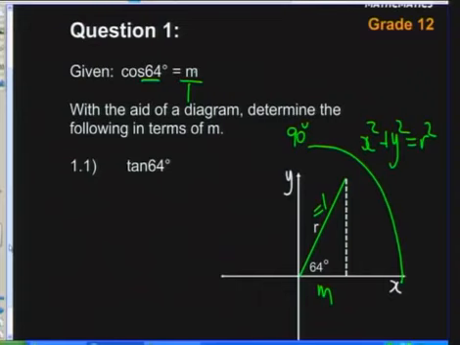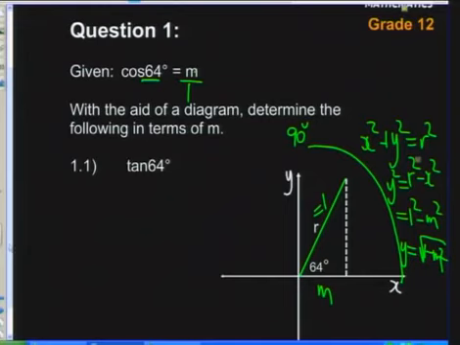I want y, the y-axis, so y squared is r squared minus x squared. Fantastic. What is r? It's 1 squared. What is x? It's m squared. Then if I square root both sides, I get y equals the square root of 1 minus m squared.